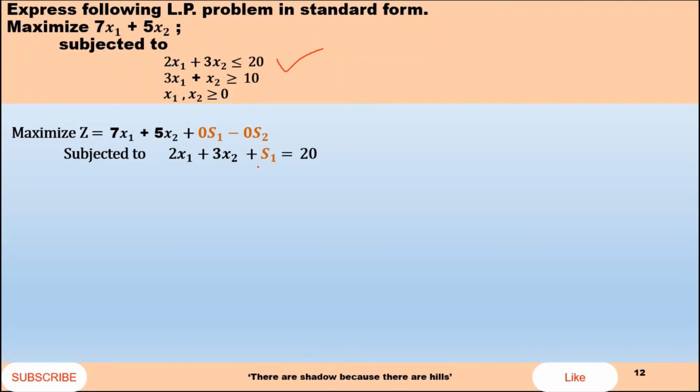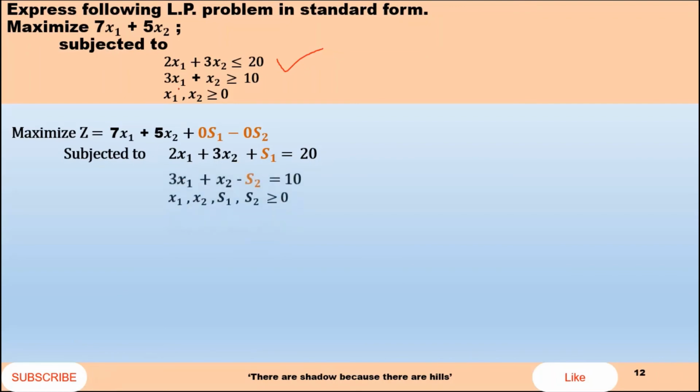This s1 indicates the unused resources. So this part contributes 18 units of resources, and s1 tells us we have 2 units of unused resources. So adding them will give you the total resources, right?